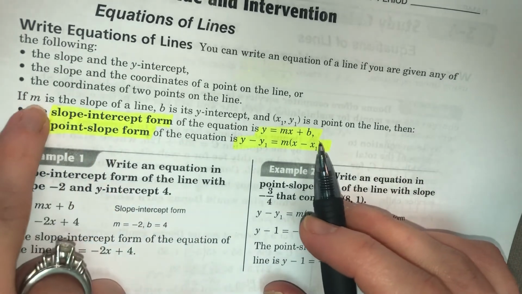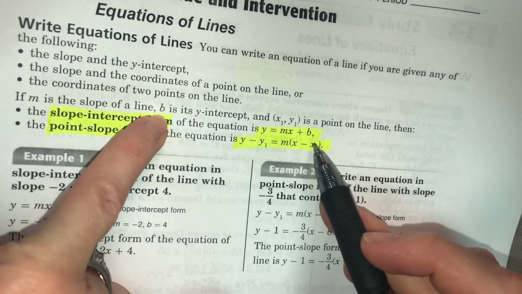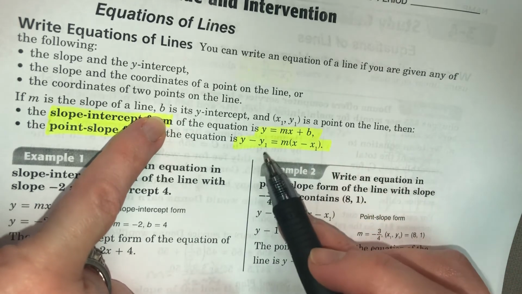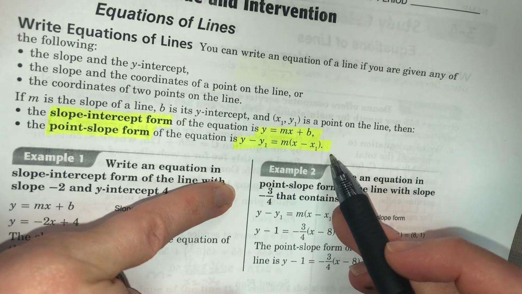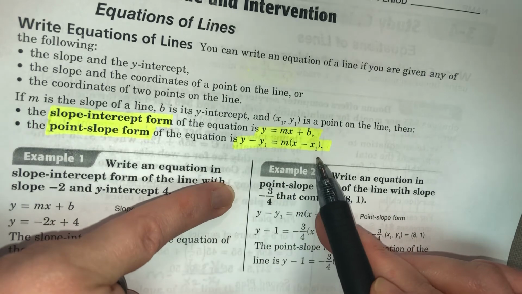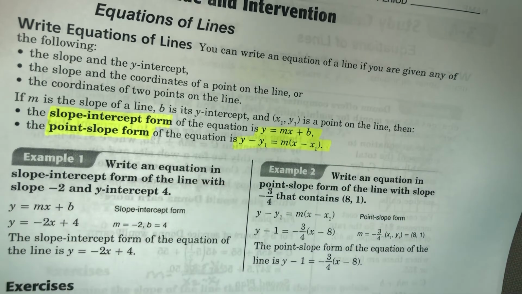So m is the slope in both equations. In the top one, b is the y-intercept, which is where the line crosses the y-axis. And in the second equation, it has an x1, y1, which is any point on the line. So that will work no matter what point they give you, okay?